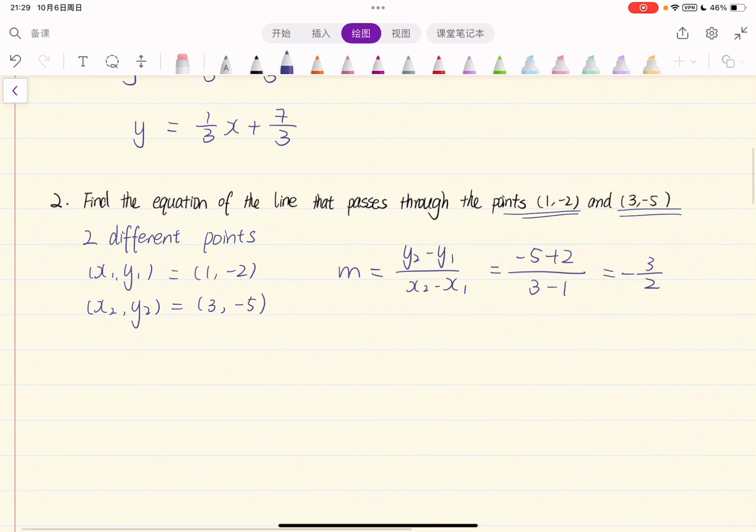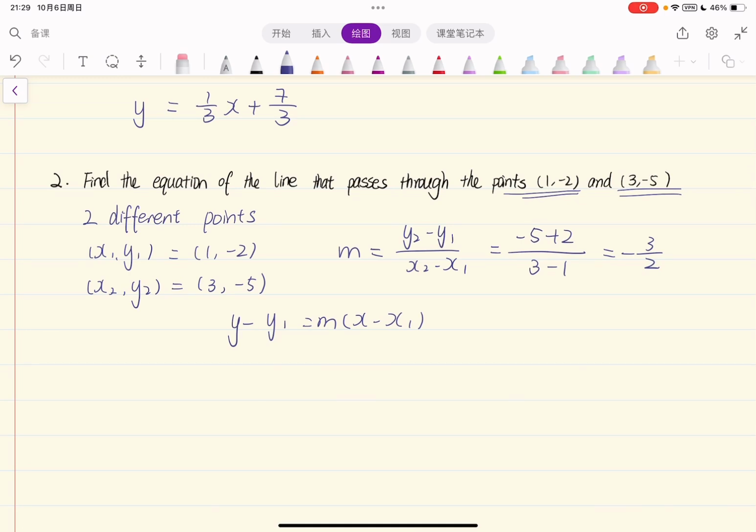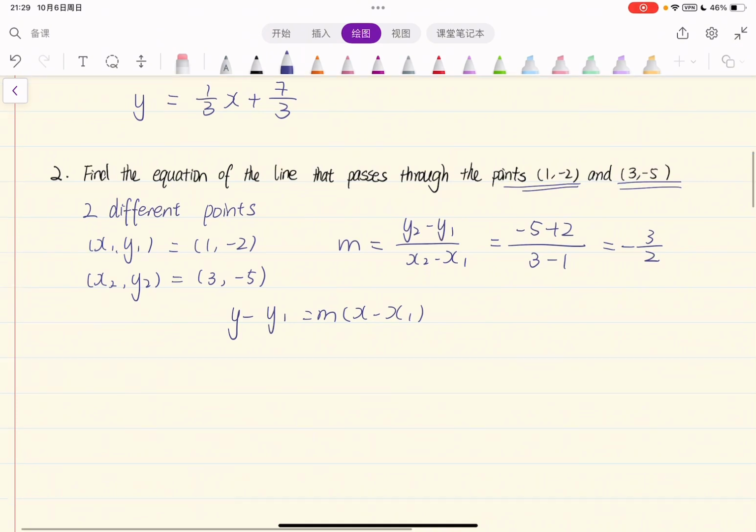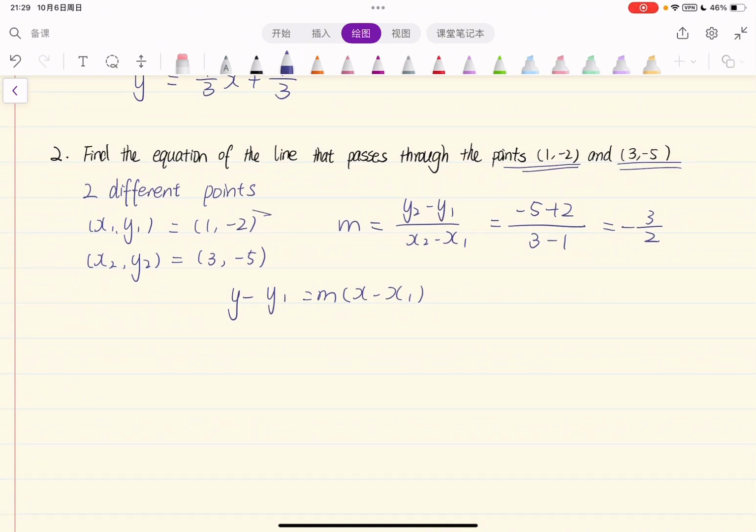Now we can write the equation of line, that is y minus y1 equals m times x minus x1. Be aware that you need to substitute the x coordinate and the corresponding y coordinate. So we substitute this one.